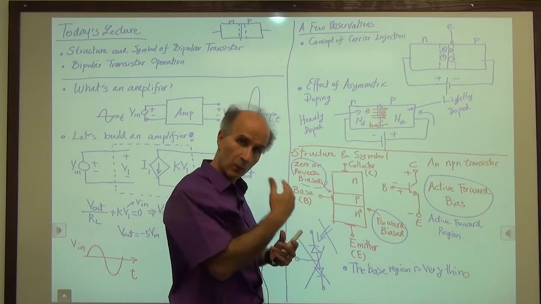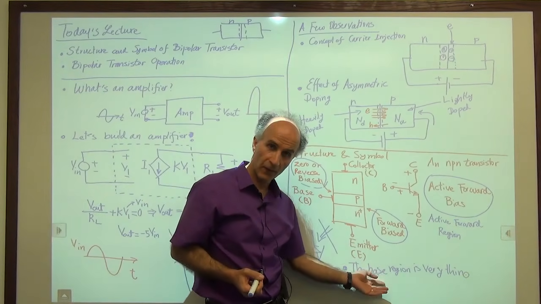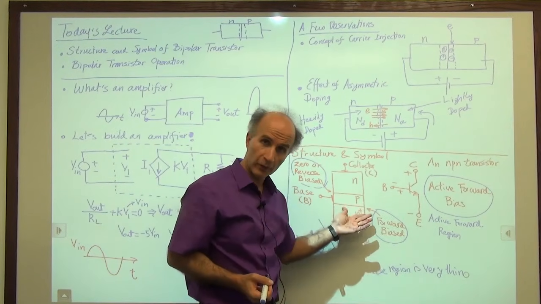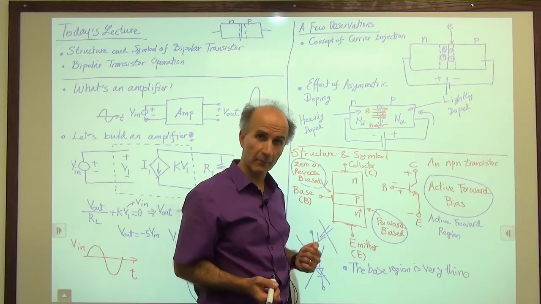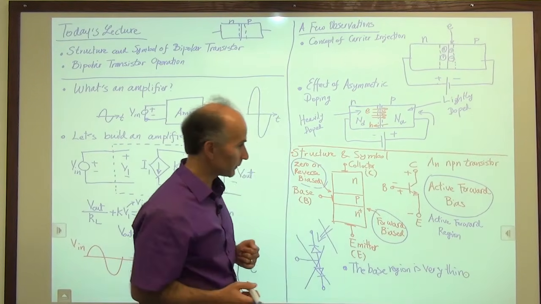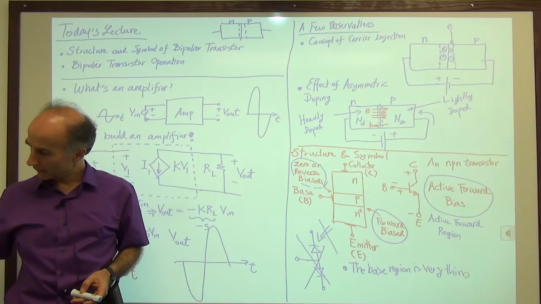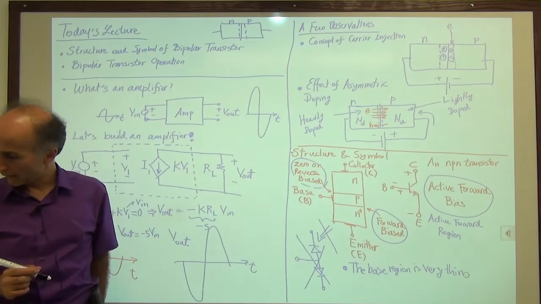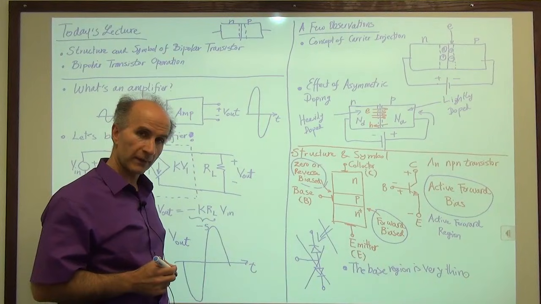All right, we will see what that means and what the implications are when the base region is thin. That's an essential property that we need for the bipolar transistor to operate properly and as an amplifying device. All right, so with these preliminary considerations, we can now go and talk about the operation of the bipolar transistor.